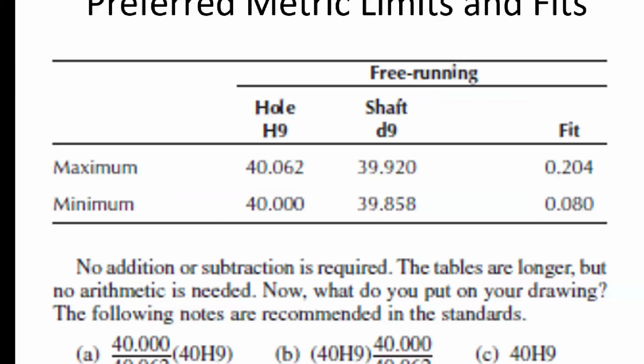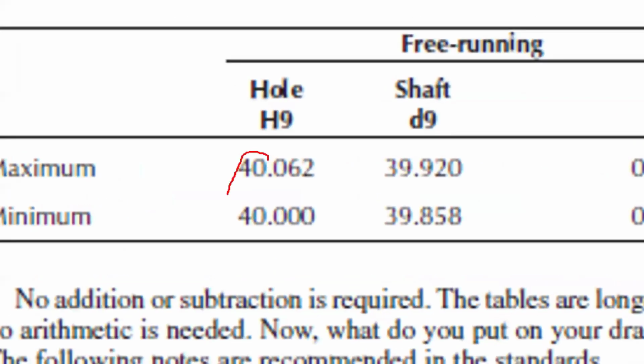So you just change this number from 40 to 39. If it's 35, you go to 35. But you have to make sure you're in the right row because it's up to and including that number. So you can't go back. If you had a 29 H9, you couldn't use the 30 row. You have to use the previous row.